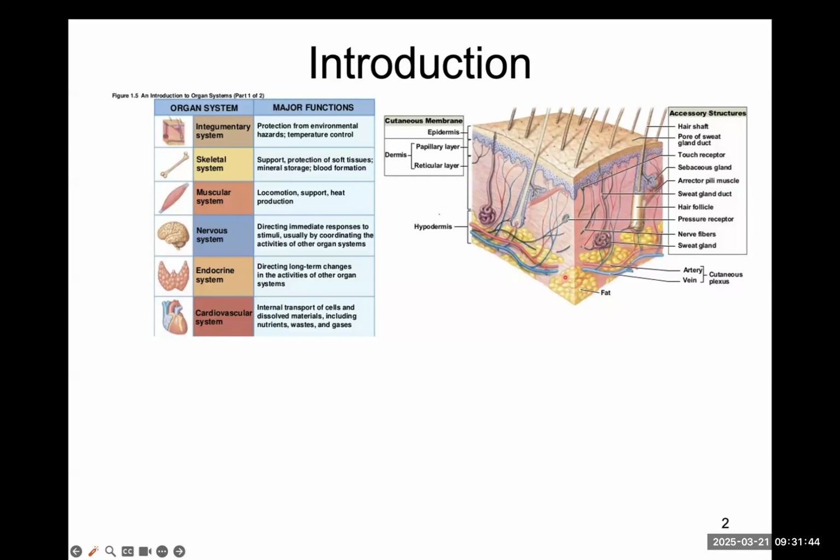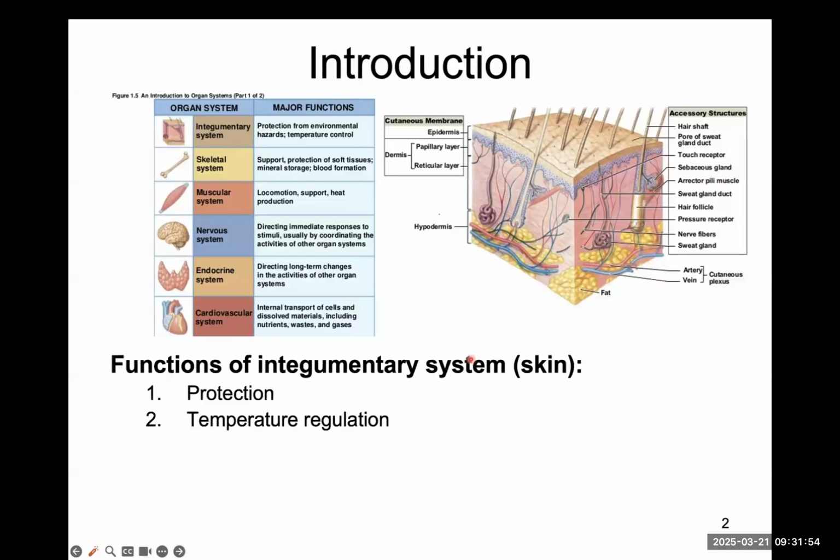Now, what are the functions of the skin? Because in order to understand anatomy of it, we need to talk about what skin does. So functions of the skin, the most obvious thing is that it protects you. It covers you on the outside and is the first line of defense. If you get a scratch, if there's some kind of disease like bacteria or viruses, your skin is going to prevent that pathogen from getting into your body.